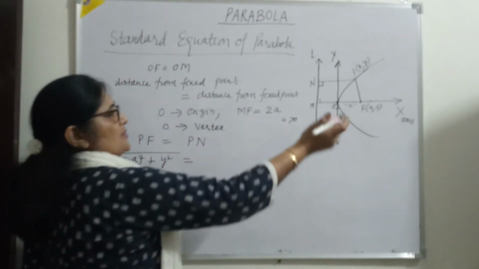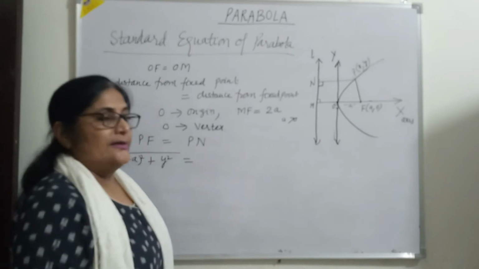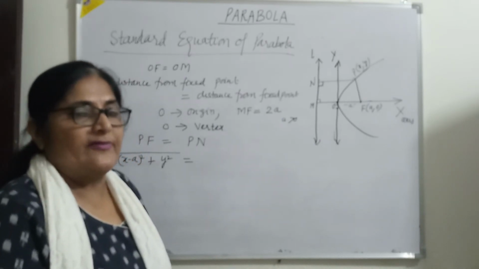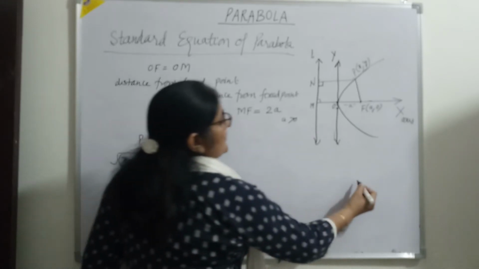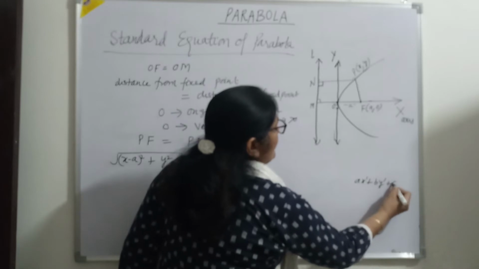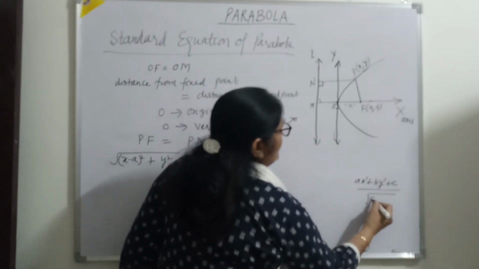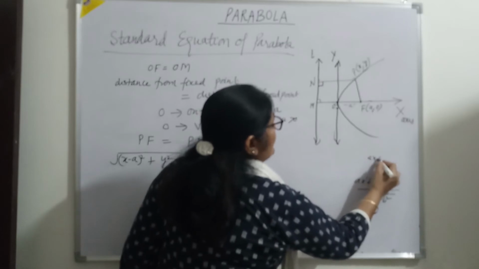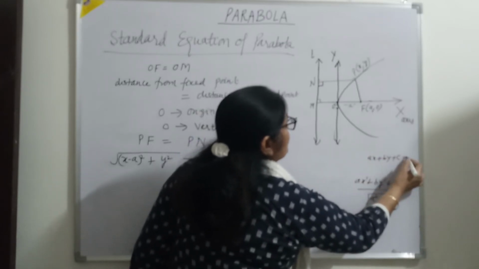As you have studied in straight lines, the distance from a line ax plus by plus c equals 0 is given by the formula (ax' plus by' plus c) upon the root of a squared plus b squared.